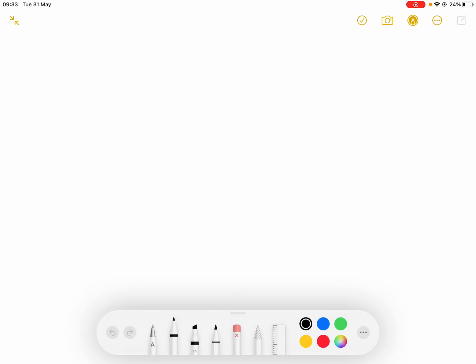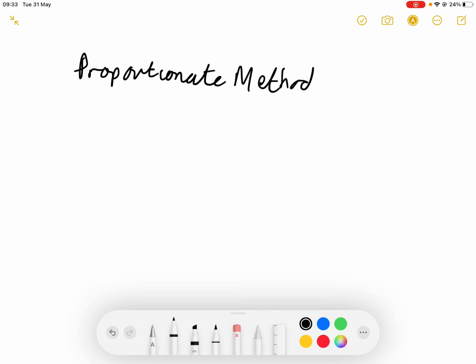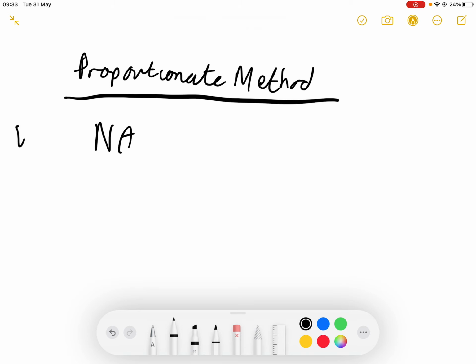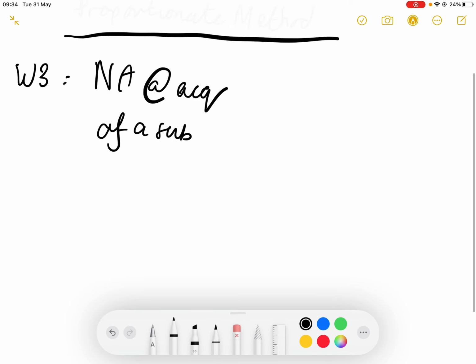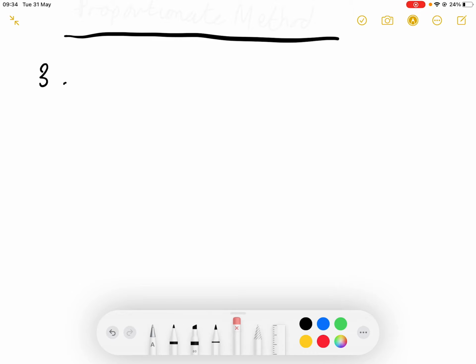Now, what I wanted to point out is that we know for the proportionate method, you might already know this trick, but you might not. Under the proportionate method, you probably know in working three that net assets at acquisition of a sub, let's start off with the group structure.